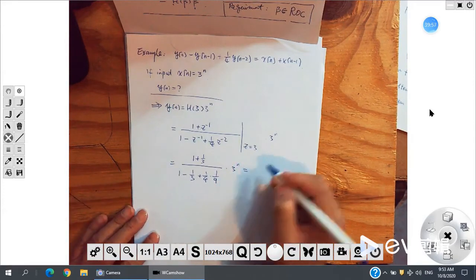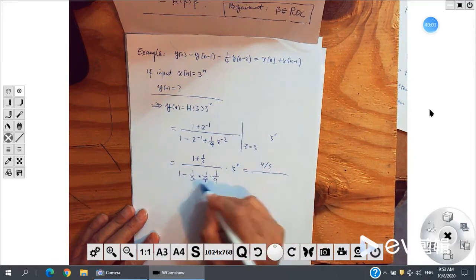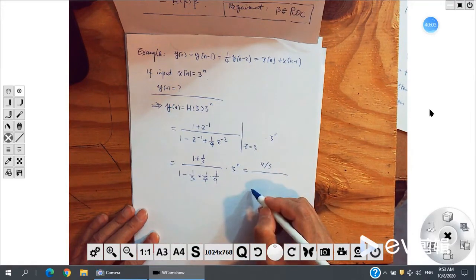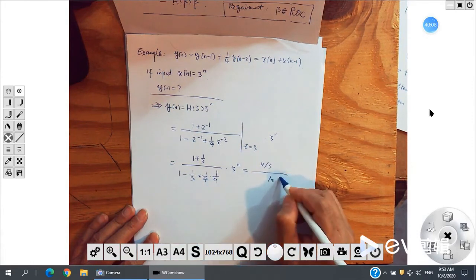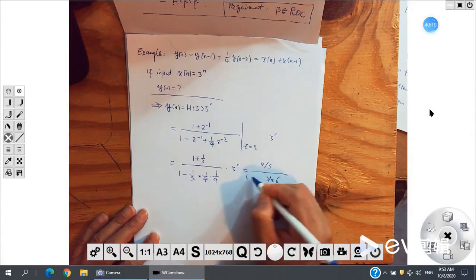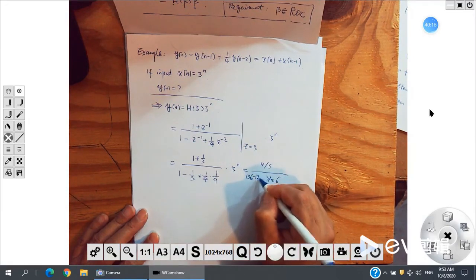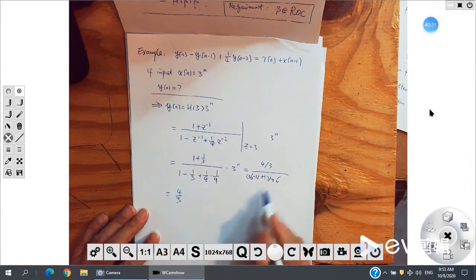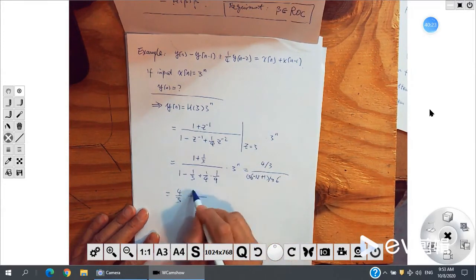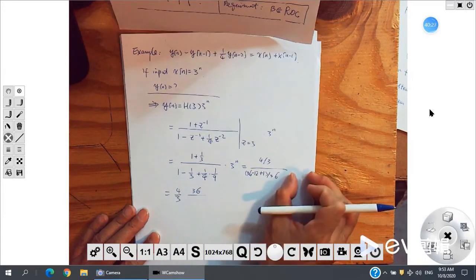Let me simplify here. This is 4 over 3, and here is a denominator. I need a 36, so the numerator will be 36 minus this 36 divided by 12, and plus 1. So it is 4 over 3. This 36 now I put on top. If I move these two here, I need to turn around.